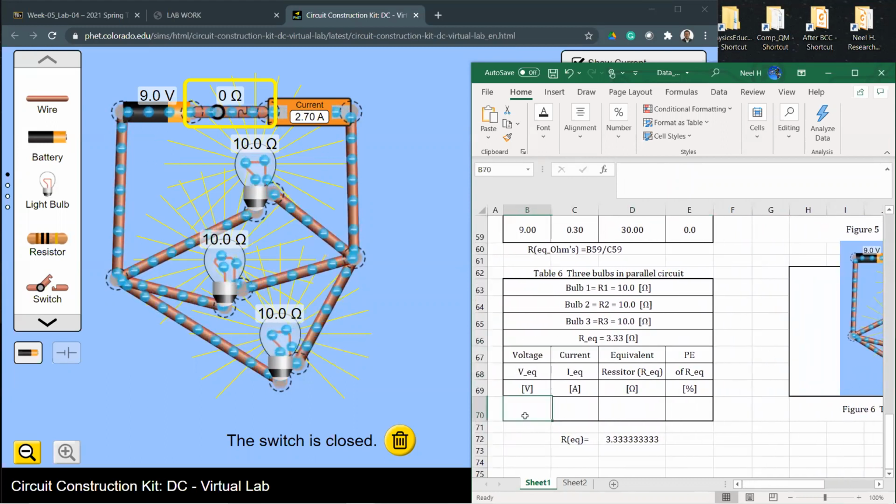Let's do the Ohm's law point of view. The voltage is 9 across all of them, right? Each of them is connected to the same endpoint. Make sure of 2 decimal places. Current 2.70, 2 decimal places. Resistance from the Ohm's law point of view is just the ratio of voltage and current.